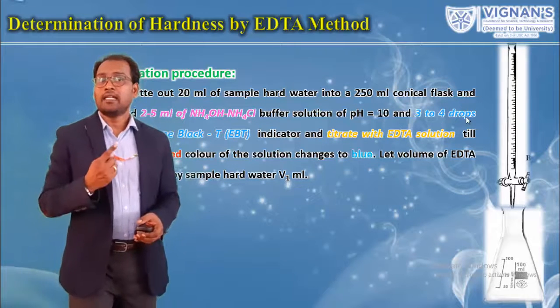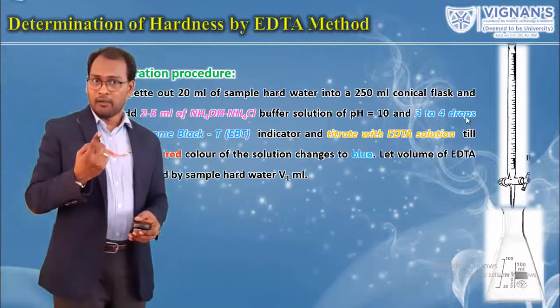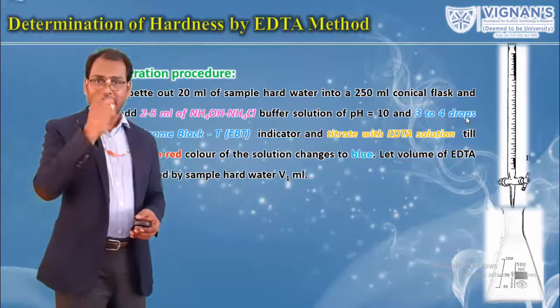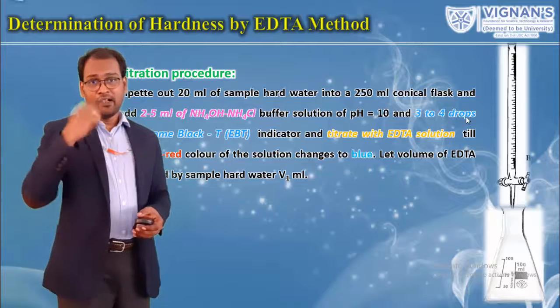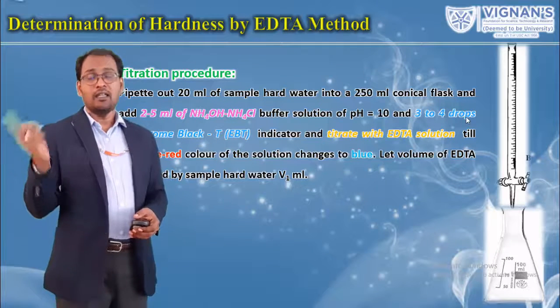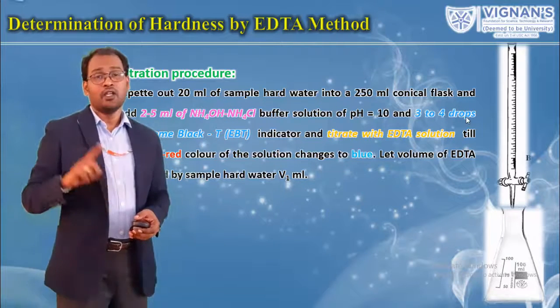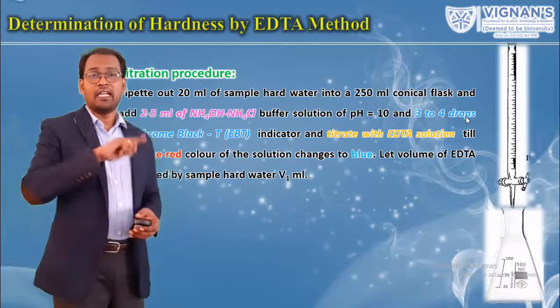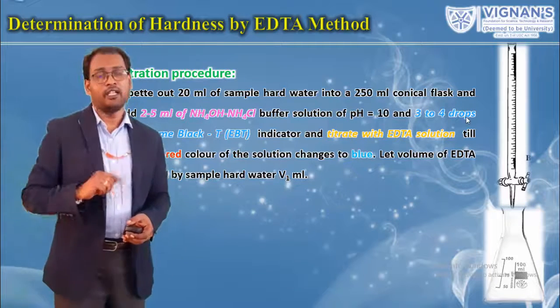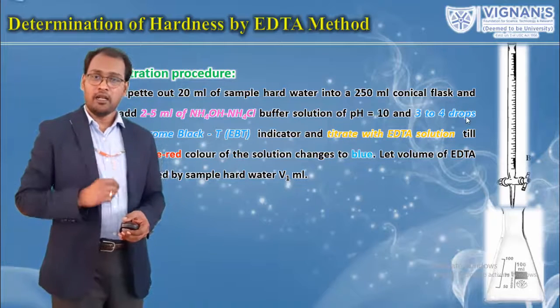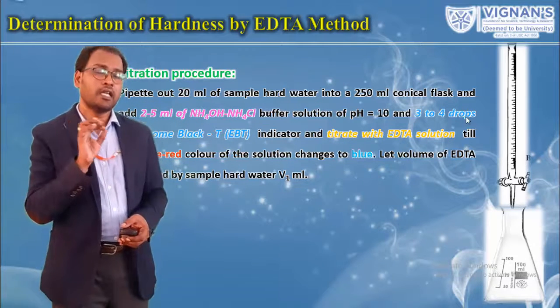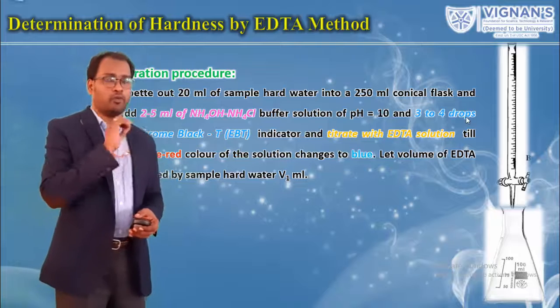As I said, EDTA is a stronger ligand compared to EBT. So when EDTA is added, what happens? EDTA will replace the EBT. EBT will be free and EDTA will form a complex. So you start adding EDTA in drops until the color changes from wine red to blue.